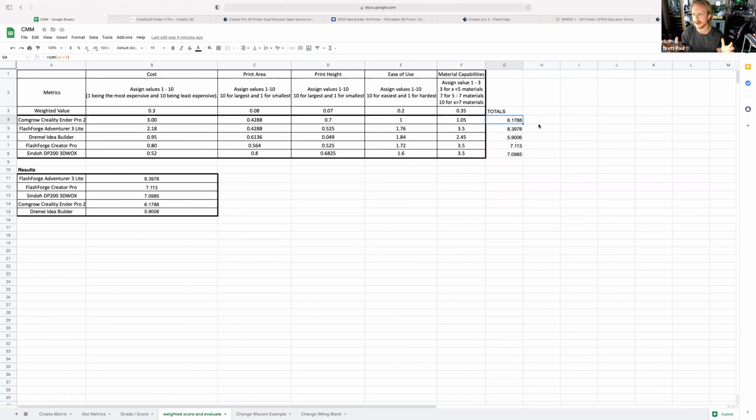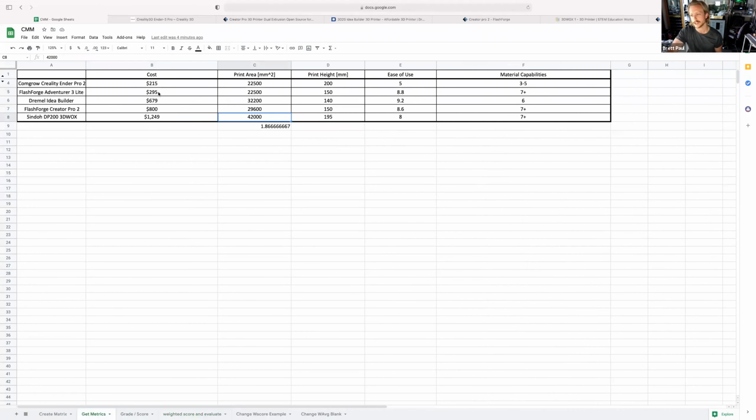There's all these different parameters to think about. We've taken what was an overwhelming idea and systematically came up with a best option on the basis of what's most important to us. Okay, so the Flash Forge Adventure 3 Lite, which happens to be, it's not the least expensive, but it's one of the cheaper options. If we go back and look at our metrics, it's the second cheapest at $295.